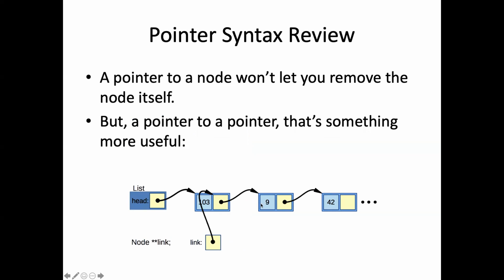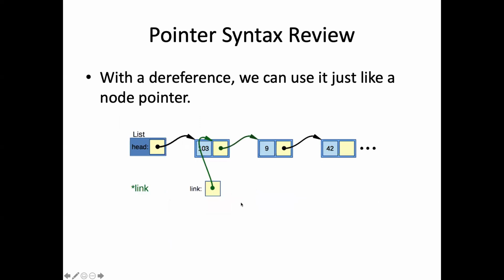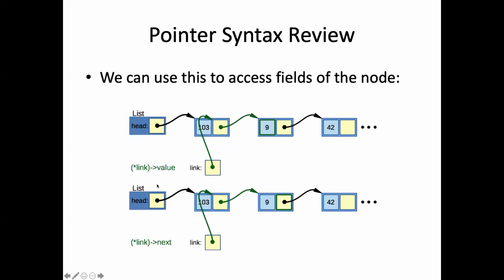this is still pretty useful, because if you've got a pointer to this pointer to the 9 node, then you could just stick a dereference on it, and then you've got a pointer to the node. So if link is the name for your pointer to the pointer to this node, then star link is the same thing as a pointer to the node, including you can get to the fields in that node.